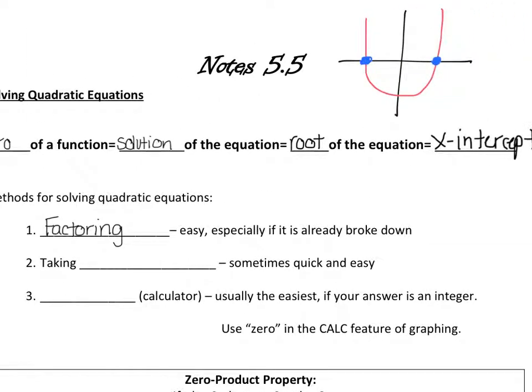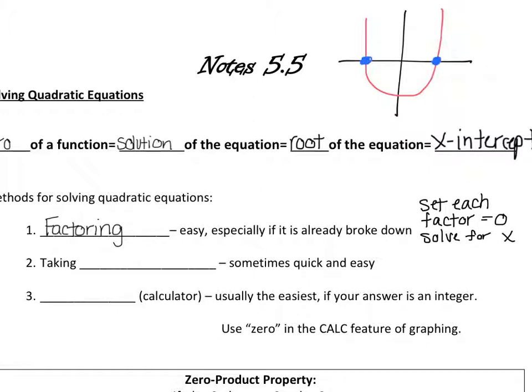All you have to do is set each factor equal to 0 and then solve for x. So that's factoring. We'll do that here in a minute.